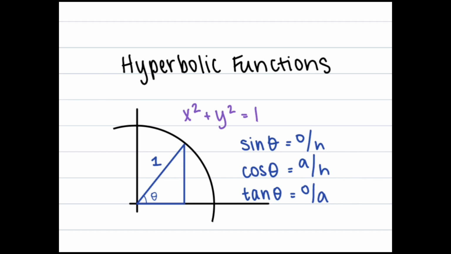It comes from a unit circle, x squared plus y squared equals 1. So this point would represent cosine of x, sine of x, and we can also find these using the ratio of a triangle. Sine is equal to opposite over hypotenuse, cosine is adjacent over hypotenuse, but where do hyperbolic functions come from?